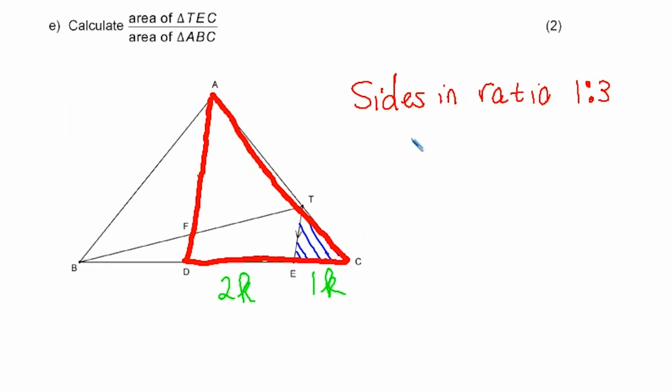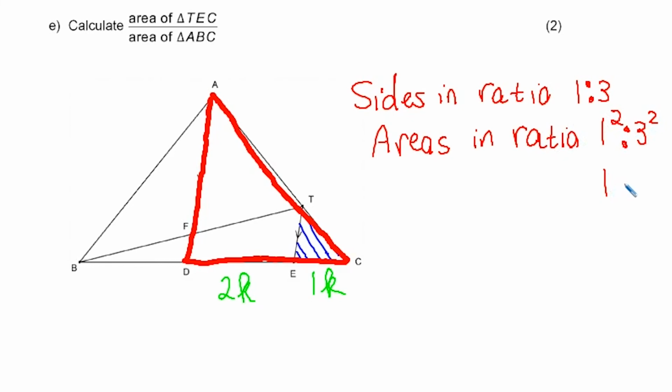This is the other big idea. Their areas will be in the ratio 1 squared as to 3 squared, or 1:9. In other words, the red one is actually 9 times bigger than this one.